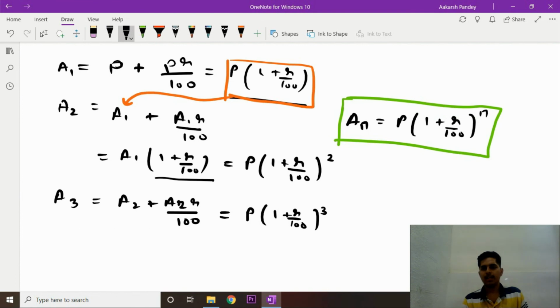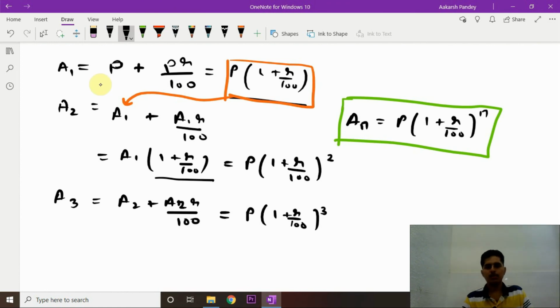Again, P, N and R are the same as we have discussed earlier. It is principal, time period and rate of interest. And again, R was given in percentage, so to convert it into a fraction, we have divided by 100. If you have your rate of interest in fraction form itself, you can just input that instead of dividing it by 100 again.